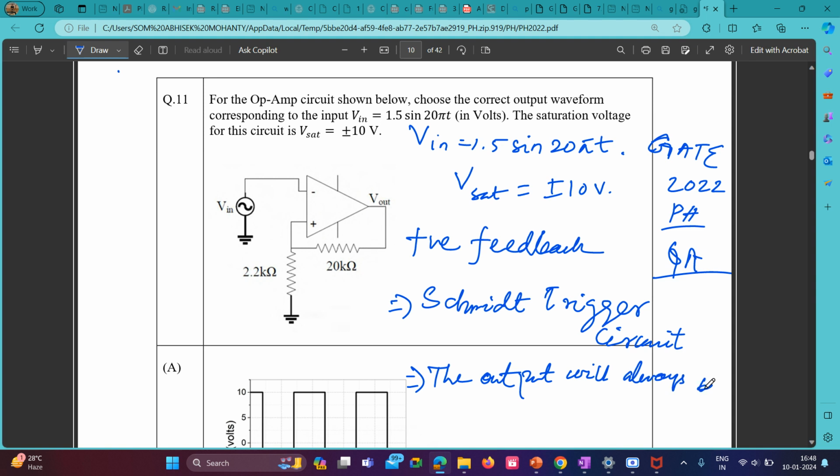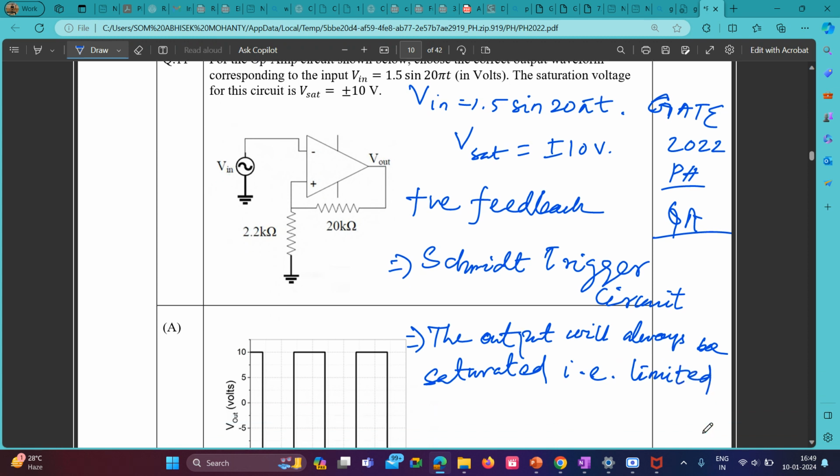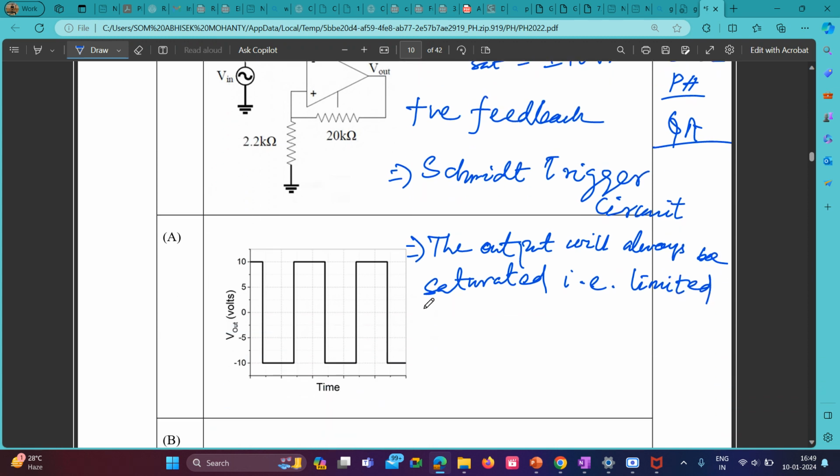That is, it will be limited between plus V saturation and minus V saturation.